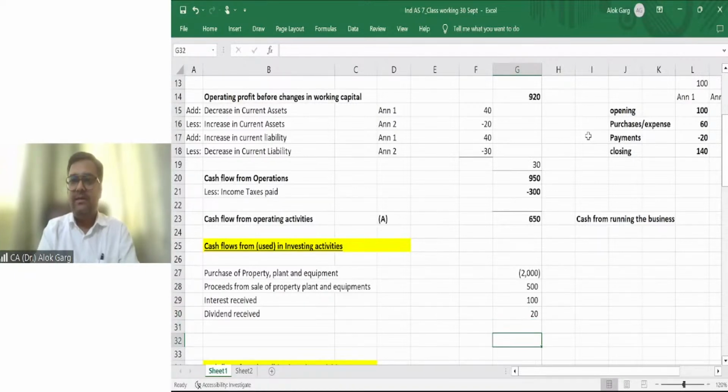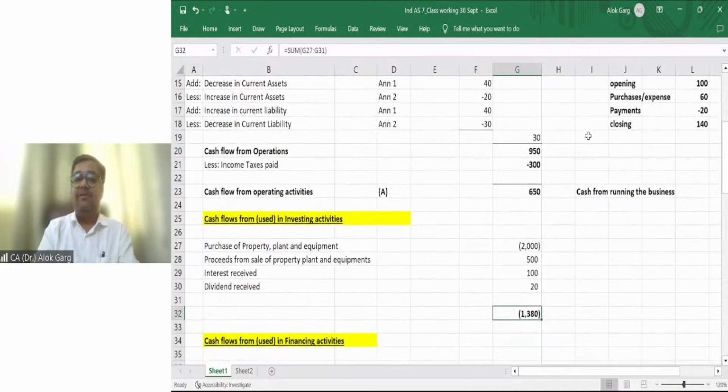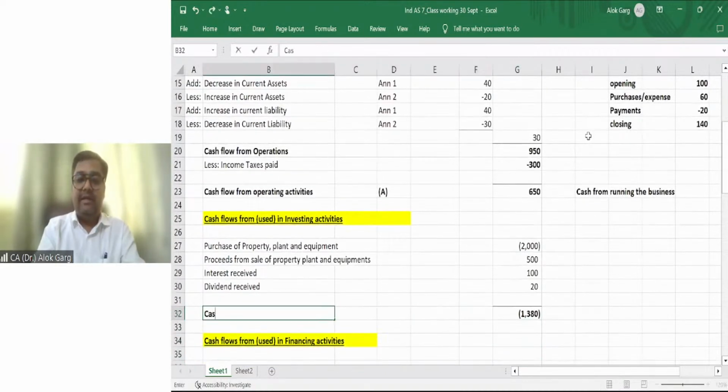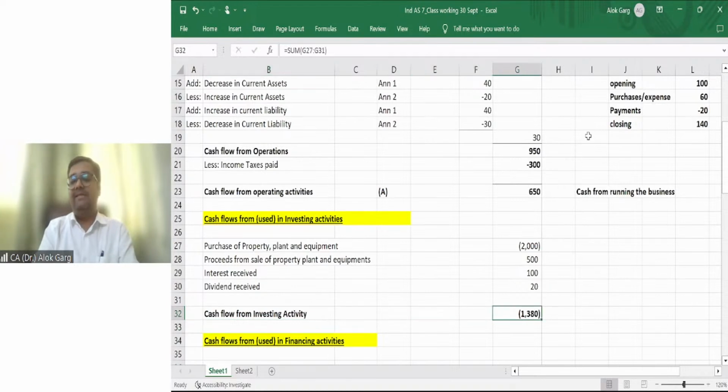Positive. Whatever the company has paid, it is negative. So net, from the investing activity, the company has invested 1380 crores in the investing activities.